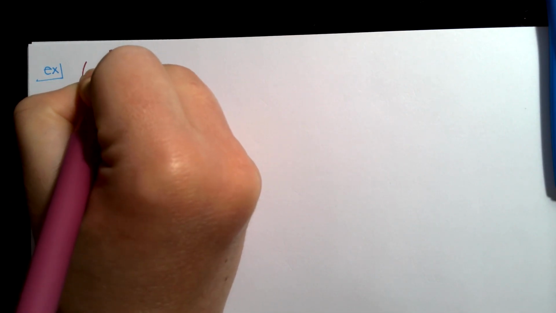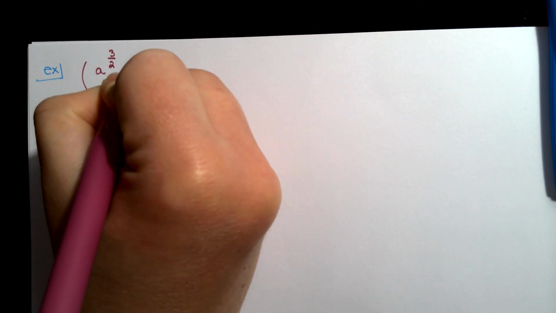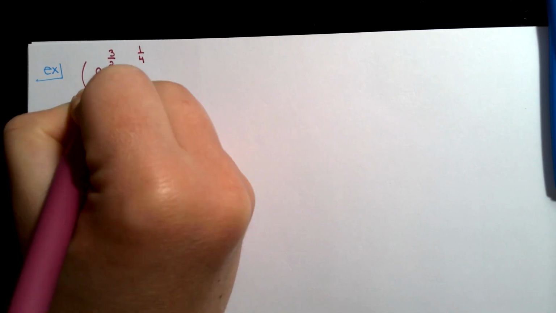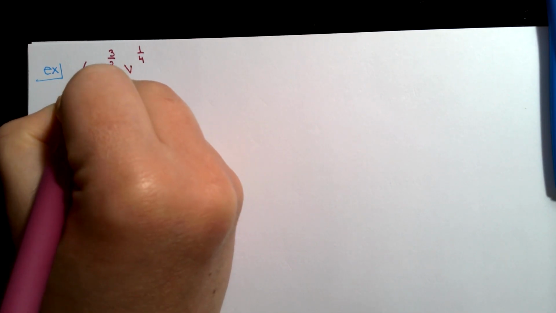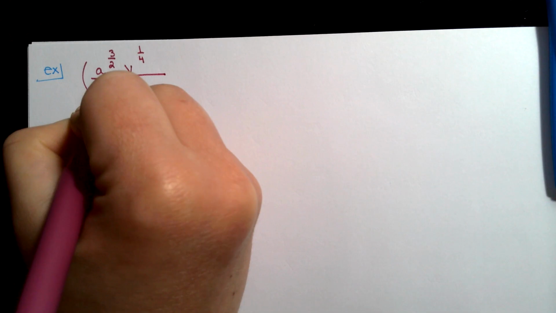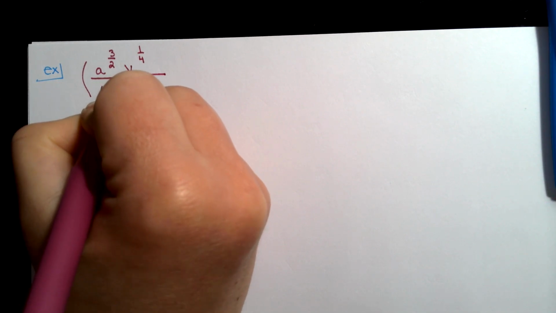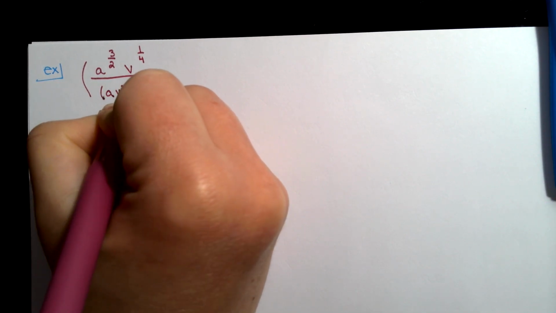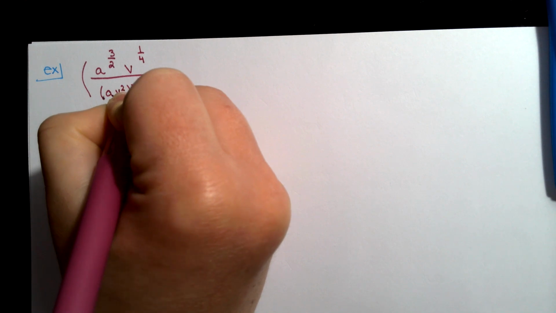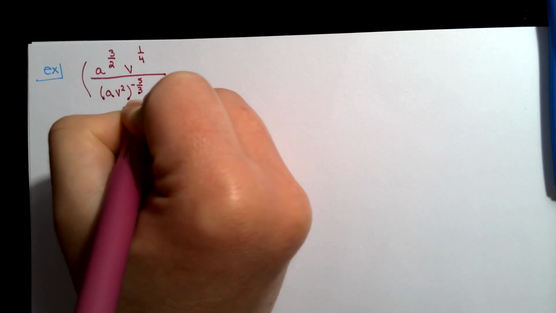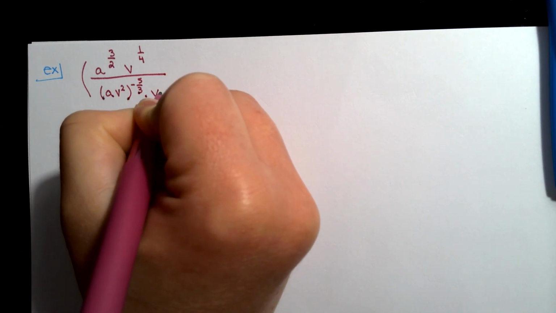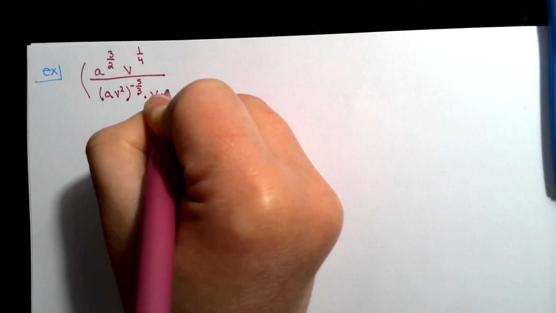Open a to the 3/2 power, v to the 1/4 power, all over open, a v squared raised to the negative 5/3 power times v times a squared.